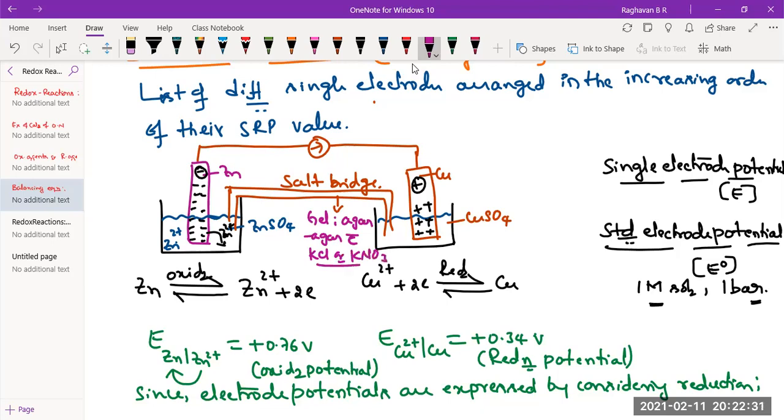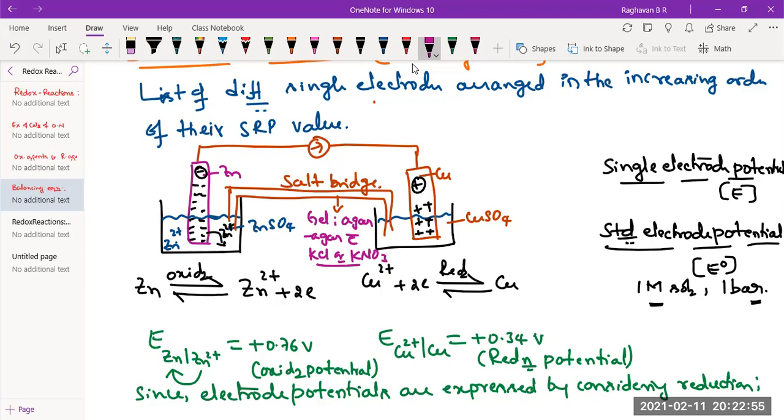The salt that should be used in a salt bridge must have equal ionic mobility in opposite directions. The total charge carried by a particular ion is called transport number. The transport number of cation and anion should be the same. In other words, the ionic mobility should be equal and opposite. Such salts only will be used here, not every salt.